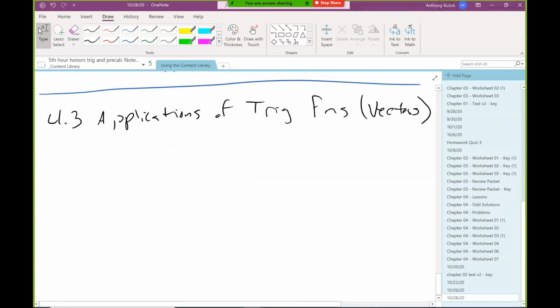So do you guys remember from your geometry course what a vector is? A vector is a mathematical quantity that's described by two parts, a length or magnitude, and then a direction.